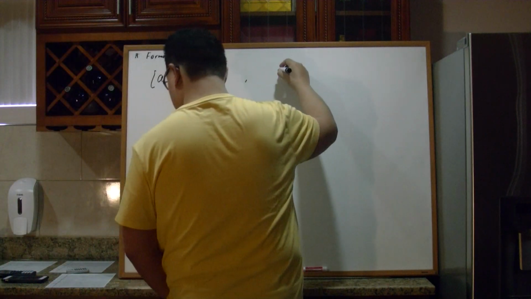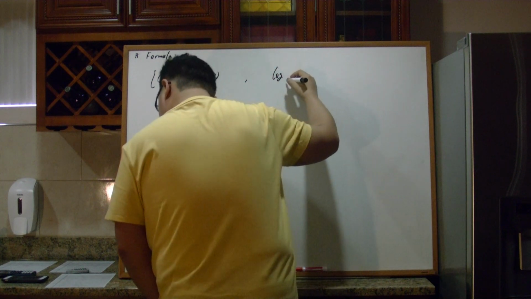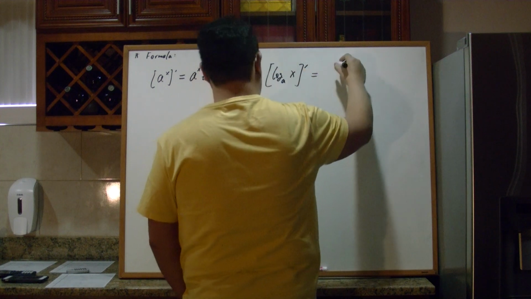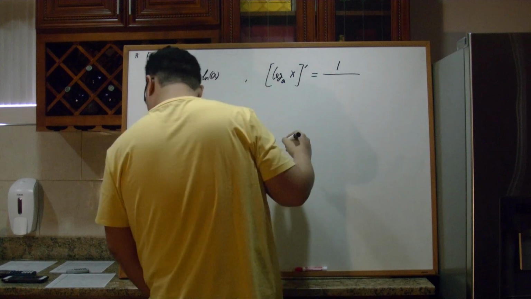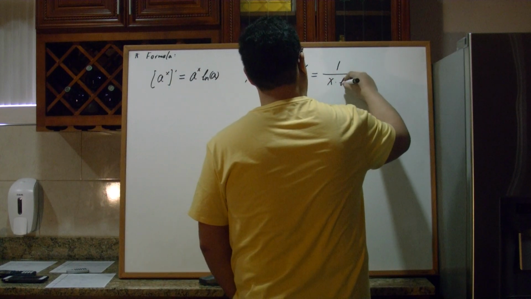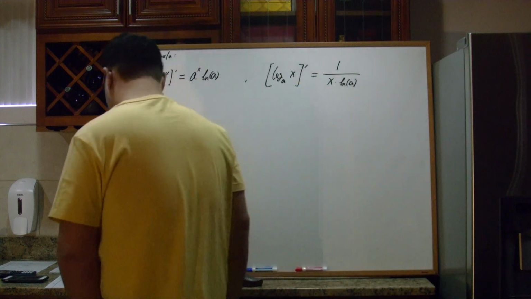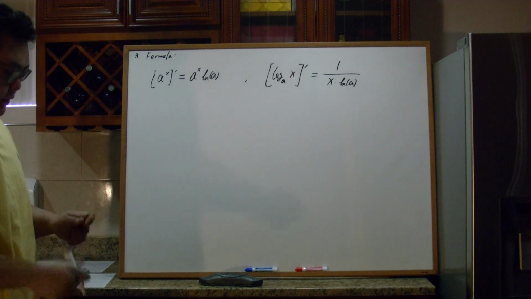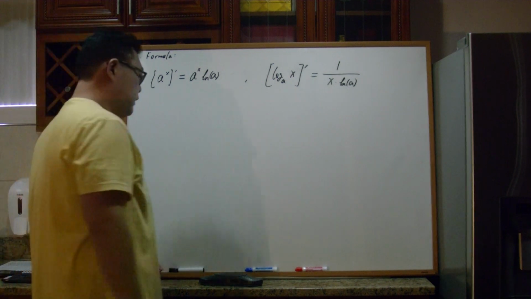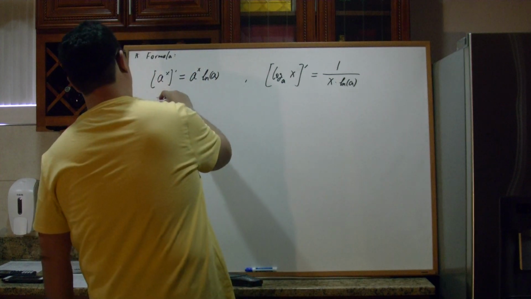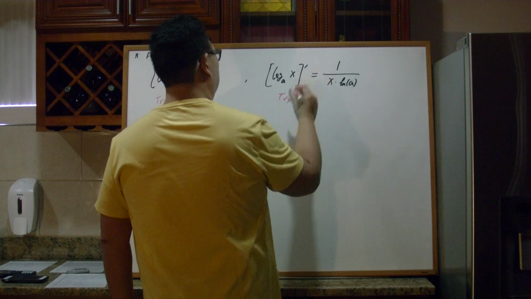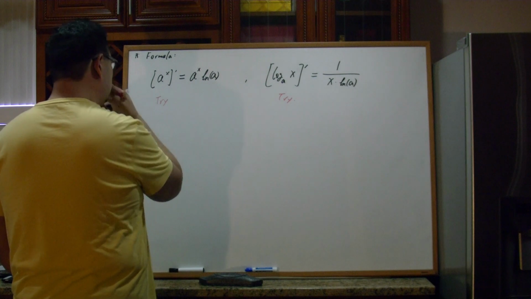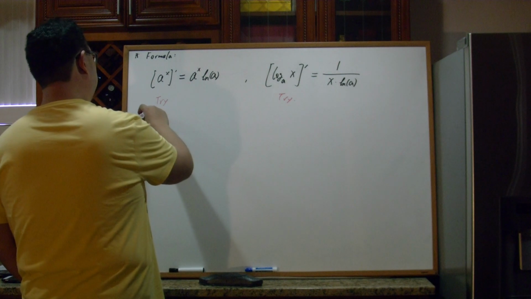And the log base a of x has the derivative of 1 over x ln a. So try to prove that, both the logarithmic fact and the exponential fact.